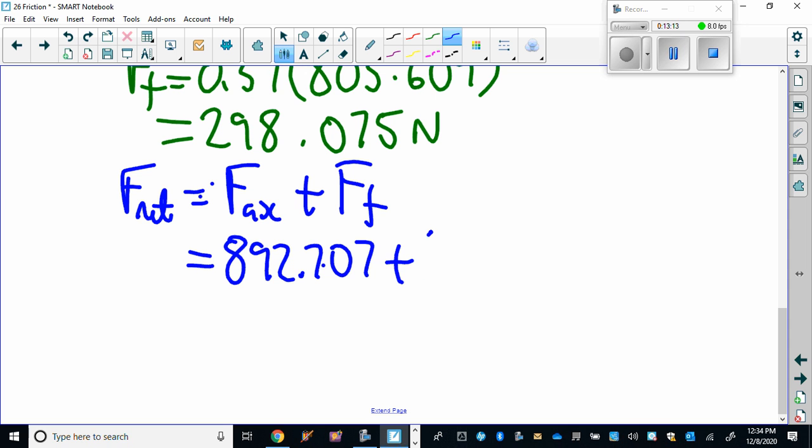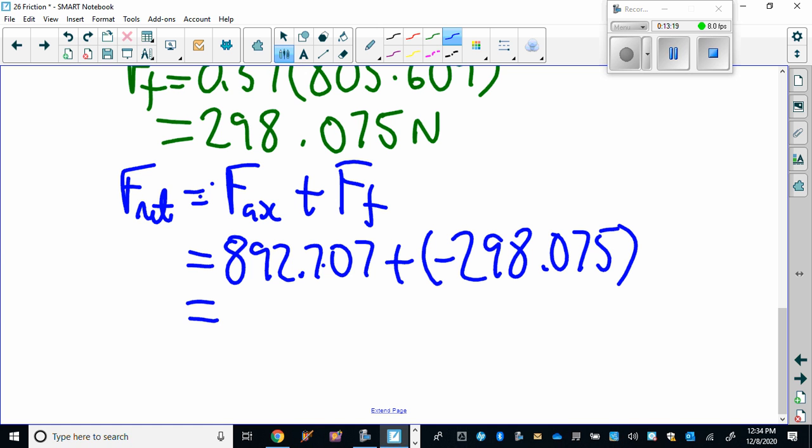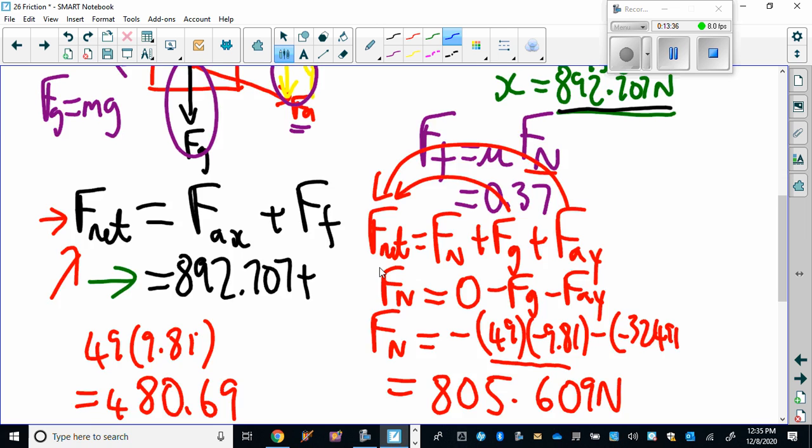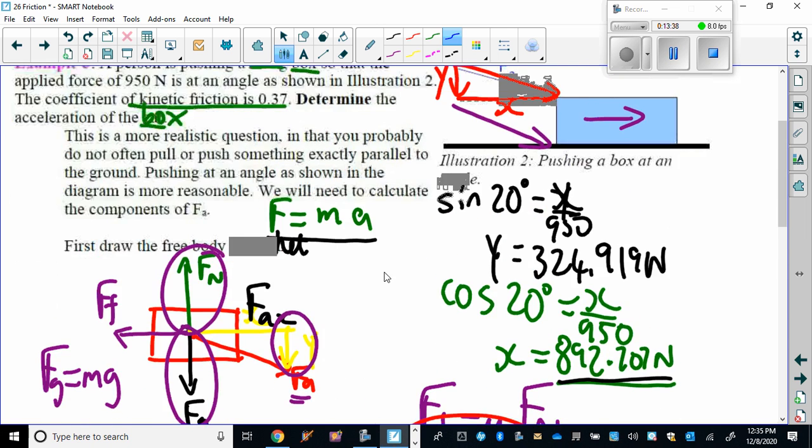This is going to be negative 298.075 because it's in the opposite direction, giving me a net force in the x direction of 594.632 newtons.